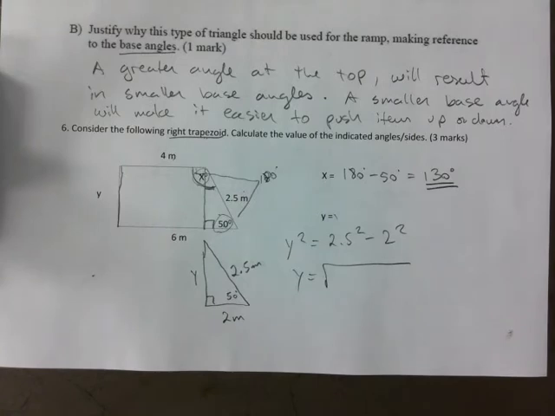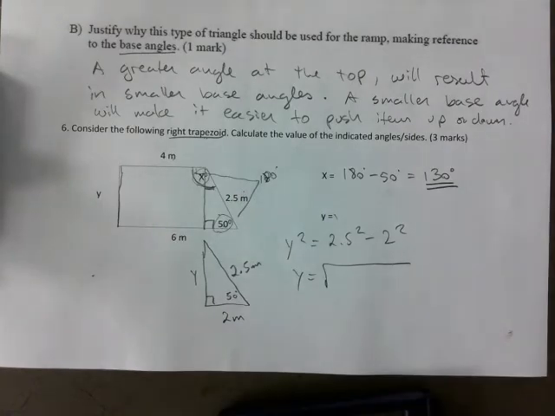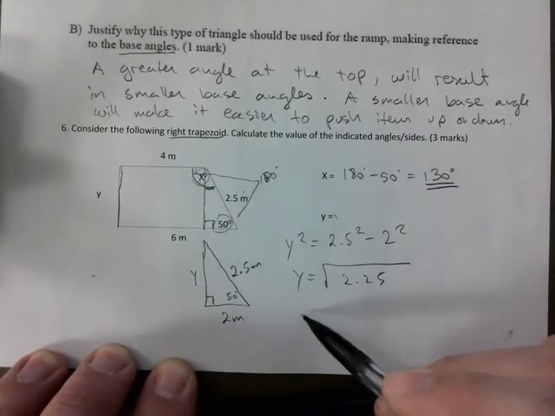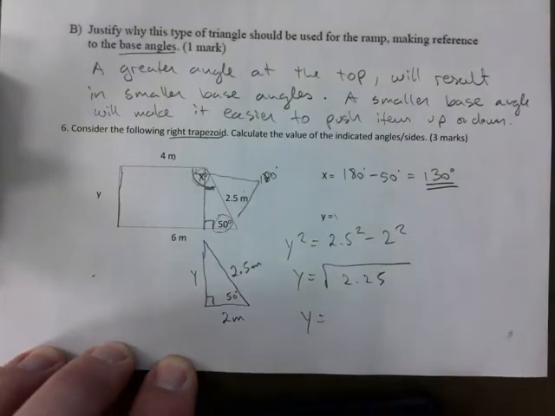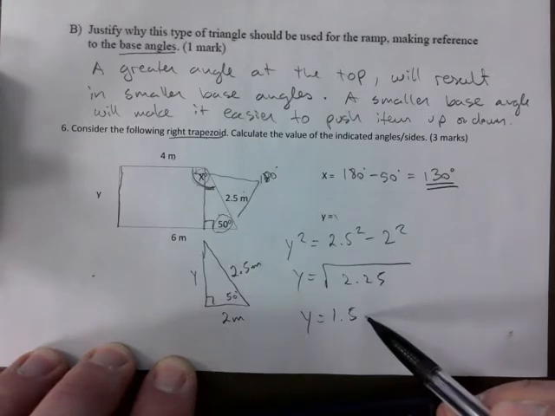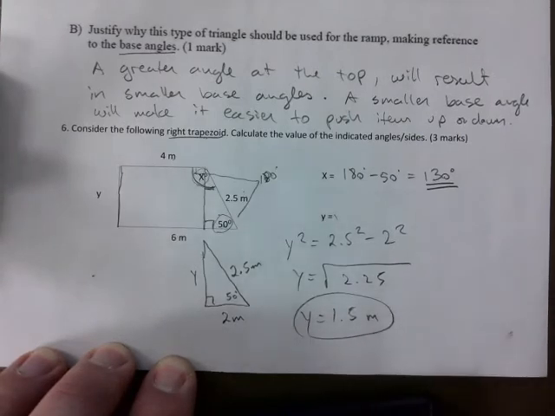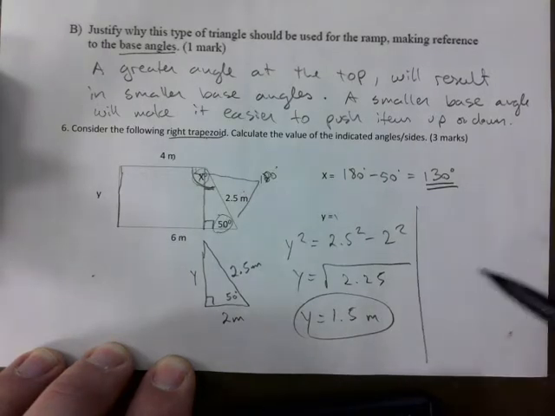Okay, so leg squared is hypotenuse squared minus the other leg squared. Let me just type this in real quick. That's 2.25. So taking the square root of that is 1.5 meters. Sine law, what did you get? I know Lawrence, you used sine law. You got something else, right? What is it? 1.92. Let me check.